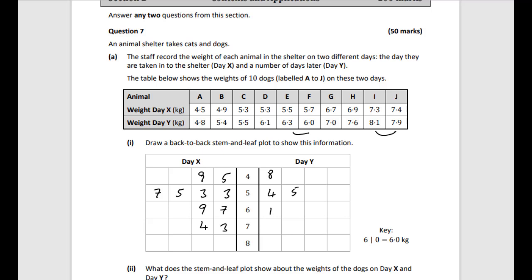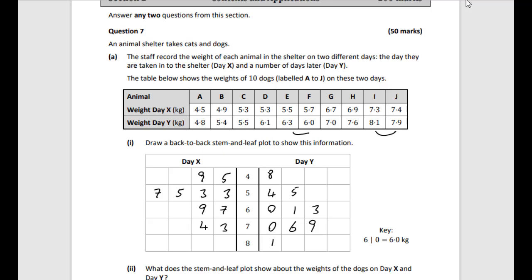Oh, now we've got 6.0 actually first, so that's actually 6.0 we've got to put in here. So this is 6.0, 6.1, 6.3. Then we have 7.0, 7.6, and then we've got a 7.9, and then we finally have an 8.1 to put in here.